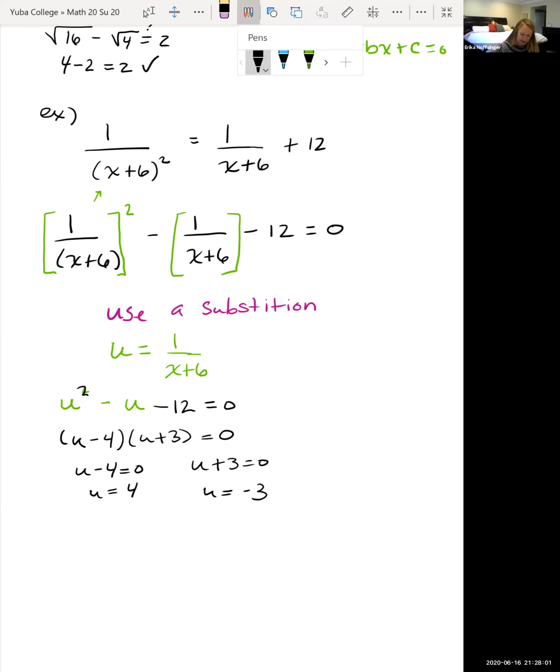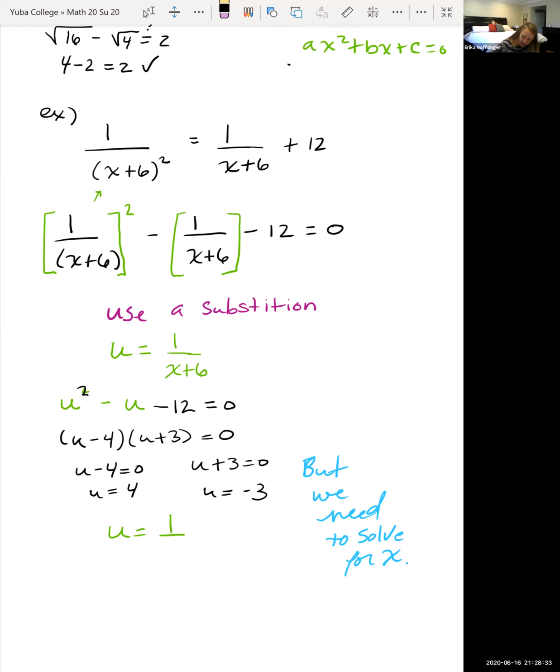Thing is, we're not done because we had an original equation with x, and we need to figure out what x is and not u. So we need to solve for x. Well, we had said that u is equal to 1 over x plus 6.